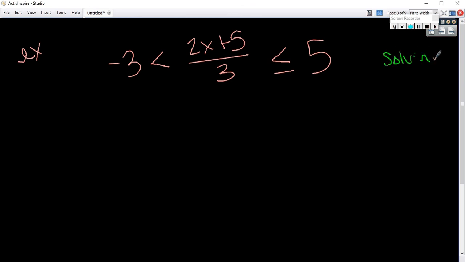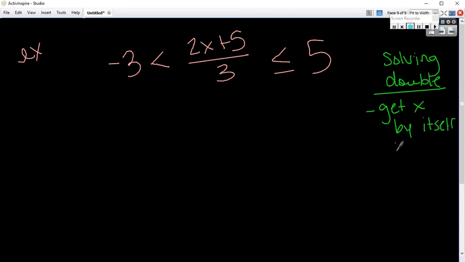I'm going to say solving a double. And my goal is still to get x by itself, but this time it's going to get by itself in the middle. Okay? So get x by itself in the middle.